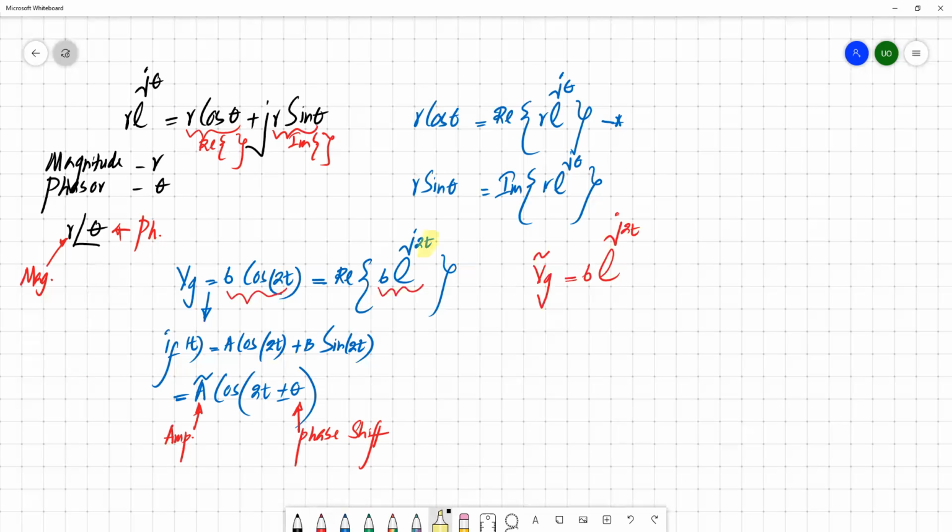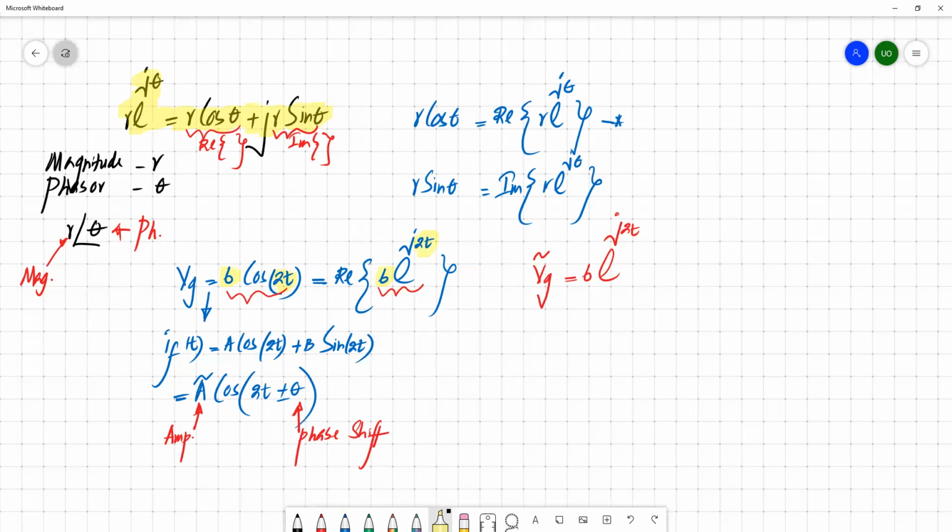Here the angle appears here and the amplitude appears here. Using Euler's transformation, you can easily map this sinusoidal excitation to its corresponding complex exponential function. For this particular case, the complex exponential would be 6 times e to the power j2t.